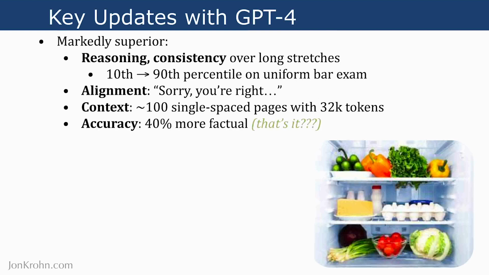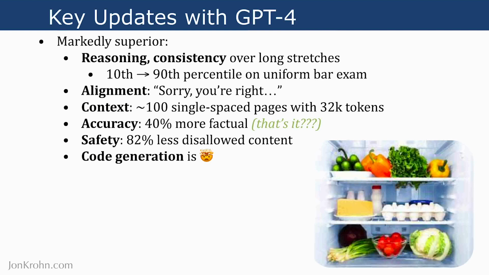And the accuracy is 40% more factual, it says. I don't know how they calculated that number. That's in their technical report. Because my experience of using these tools went from "I see mistakes periodically" to "I don't see mistakes." So 40% more accurate, 80% less disallowed content relative to 3.5.